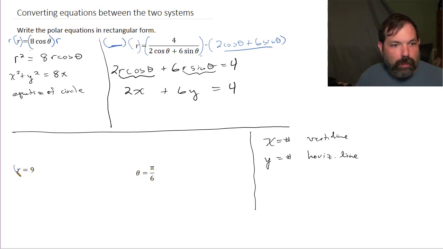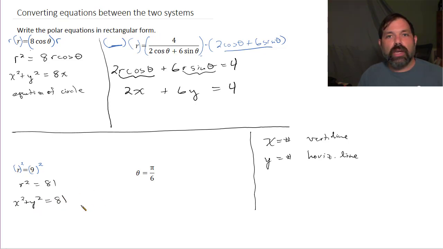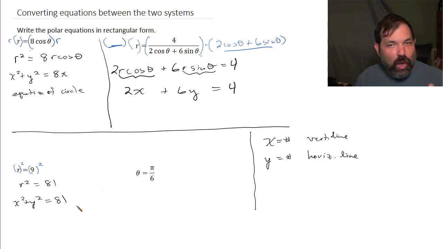Now that might introduce extra roots, but that's okay. It works here. So then r squared is 81, and r squared is x squared plus y squared. x squared plus y squared equals 81. That's the equation of a circle centered at the origin with, wait for it, radius 9.